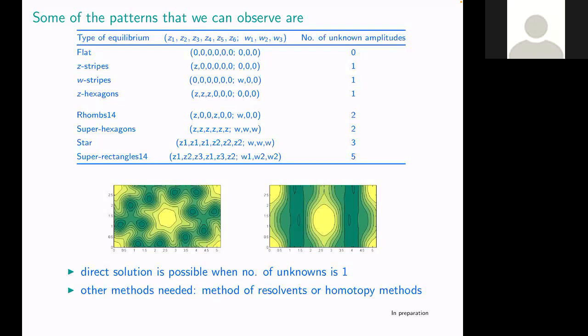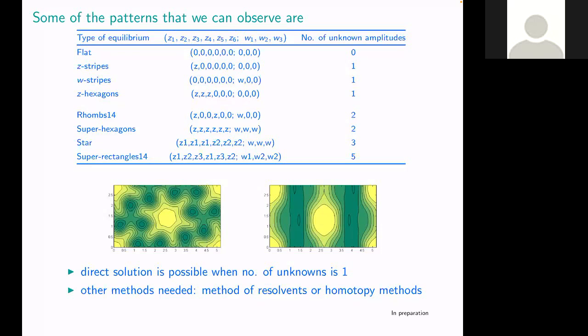We also recover stripes, both at the Z amplitude and at the W amplitude. Of course, we also have hexagons of Zs. For these first 4, the number of unknowns that we need to solve for is either 0 or 1. If we have only 1 cubic equation to solve, we have well-developed methods to do it by pen and paper and analyze the behaviors of this pattern, where it becomes unstable again, and so on and so forth, using equivariant bifurcation theory.